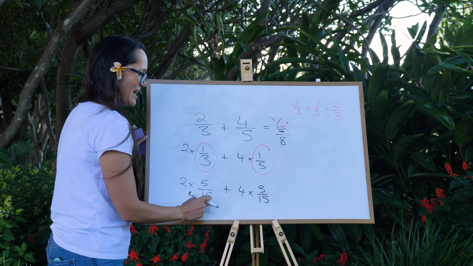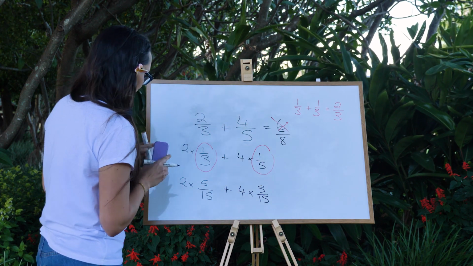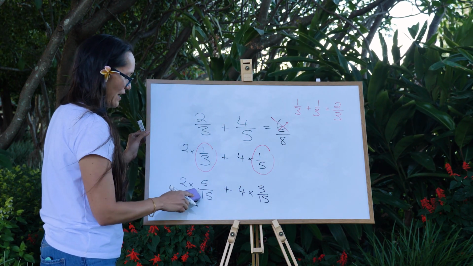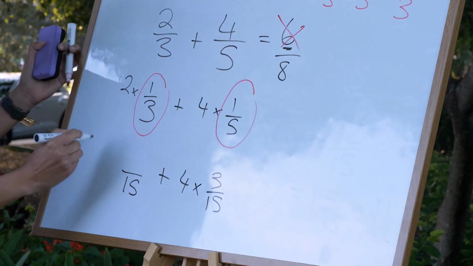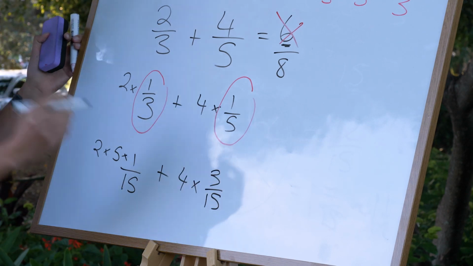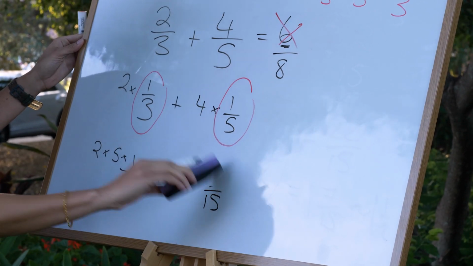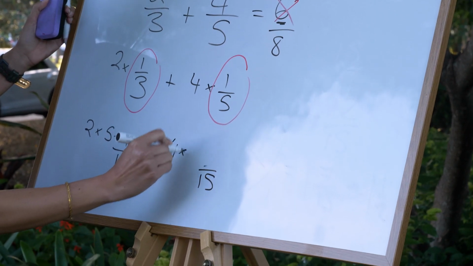But these still aren't the same numbers. I still don't have 2 A's here. So I have to rewrite it out again. So I can actually write this as 2 times 5 times 1/15 and 4 times 3 times 1/15.